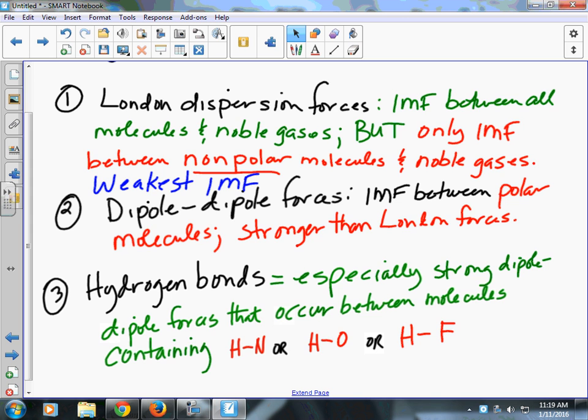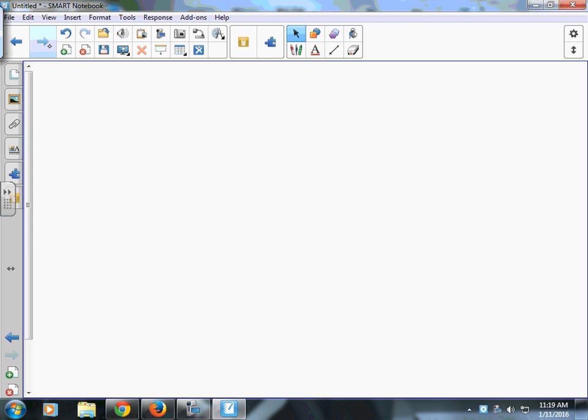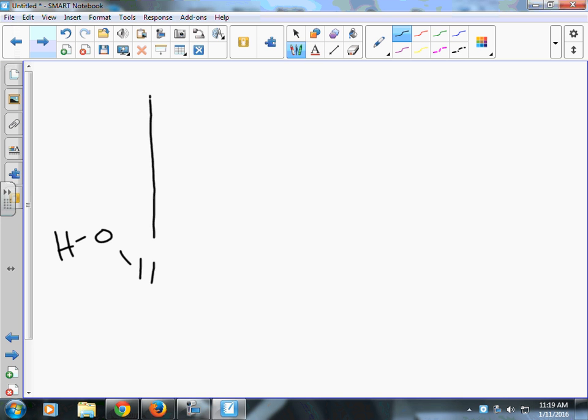Now, what's going on here? What's happening is you've got that thin stream of water, and water is a whole bunch of these molecules, right? You've got hydrogen bonded to oxygen.